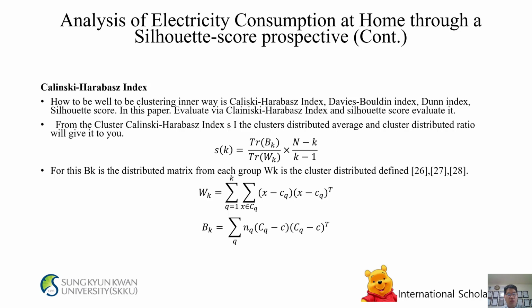From the cluster, the Calinski-Harabasz index gives the cluster's dispersion average and the cluster dispersion ratio. S_k = (Tr(B_k) / Tr(W_k)) x ((N - k) / (k - 1)). Here B_k is the dispersion matrix between the groups, and W_k is the within-cluster dispersion defined. References 26, 27, and 28. W_k = sum over q = 1 to k of sum over x in C_q of (x - c_q)(x - c_q)^T. B_k = sum over q of n_q (c_q - c)(c_q - c)^T.